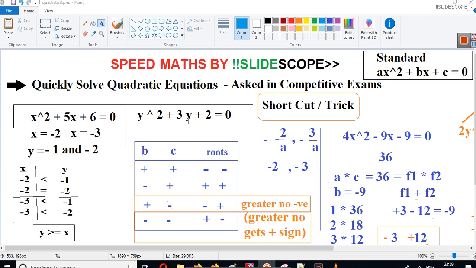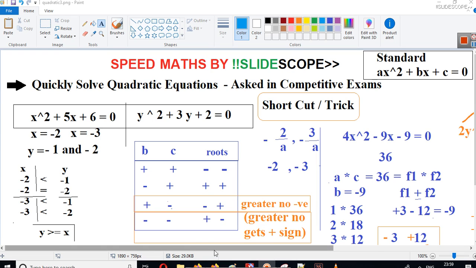You can see we have a positive sign here and b is greater than the given product. So it becomes easy: you have to get 2 plus 1. So 2 plus 1 is 3 and 2 into 1 is 2. So you can get this value also, and that's why we got the roots here.